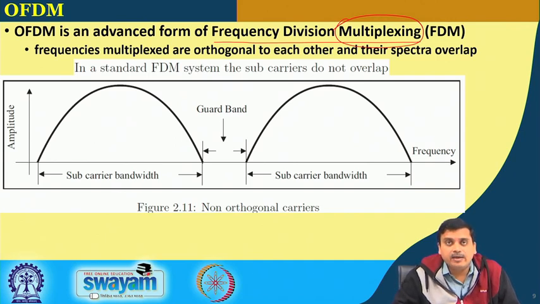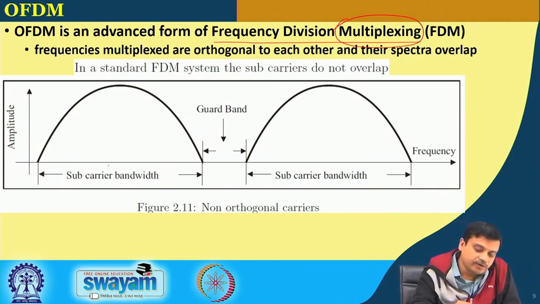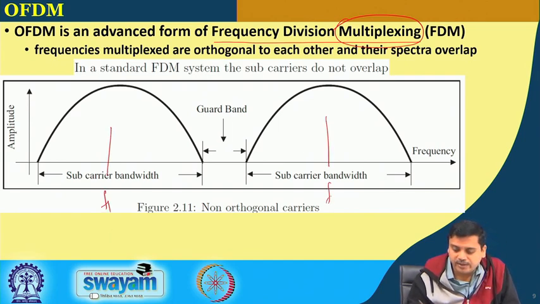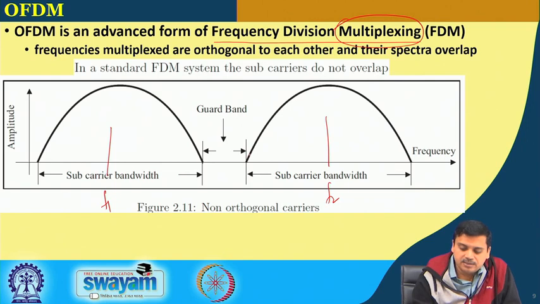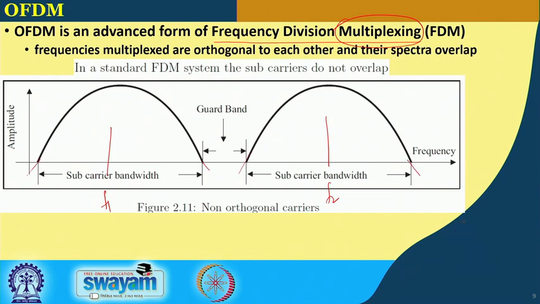When we look at a classical frequency division multiplexing system, we have one carrier here, let us say F1, and another carrier here, F2, and this is the spectrum occupancy of each of the carriers. To avoid signals from leaking into one another, one would specify a certain amount of guard band.